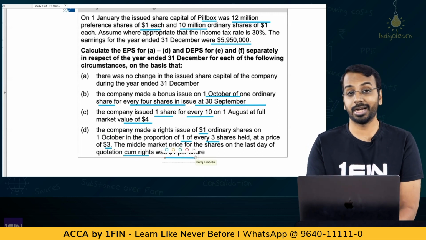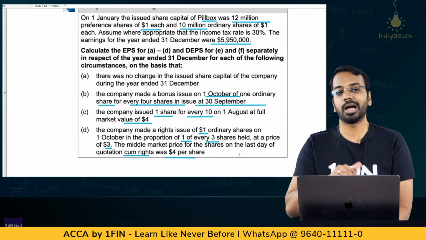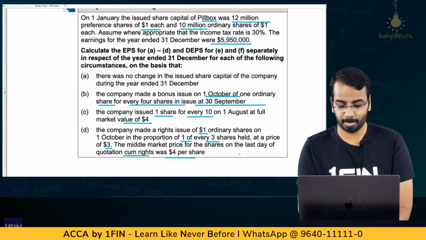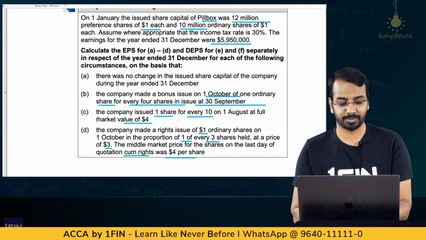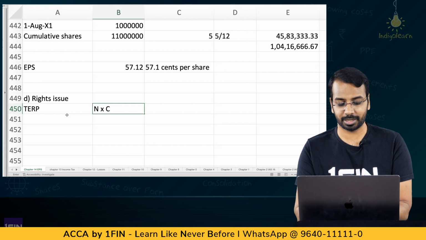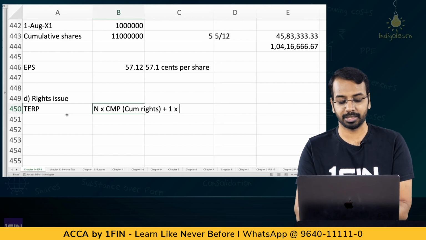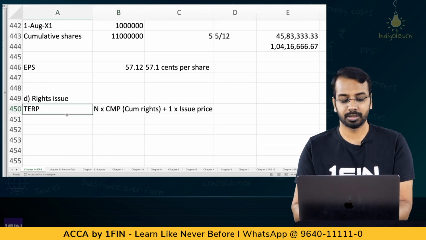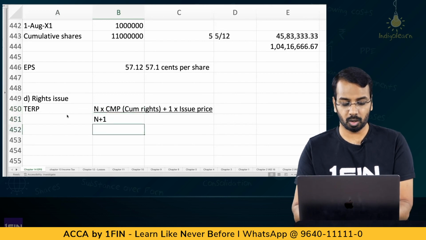So cum rights price or the market price before the rights is 4, after the rights it has become 3. So issue price is 3. So we need to calculate theoretical ex rights price. Theoretical ex rights price, as I told you, take the number of shares required for 1 share multiplied by current market price, which is cum rights, plus 1 multiplied by issue price divided by n plus 1.